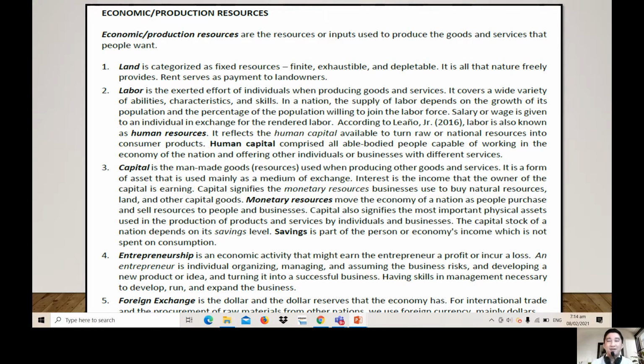Kaya dapat for us to solve the crime, there must be employment. Ayan. Maraming dapat ma-create na employment para marami yung tao na makakapagtrabaho at hindi nagagawa ng krimen. Okay? So next is the foreign exchange. It is the dollar and the dollar reserves of the economy has. Ayan. So that's foreign exchange.